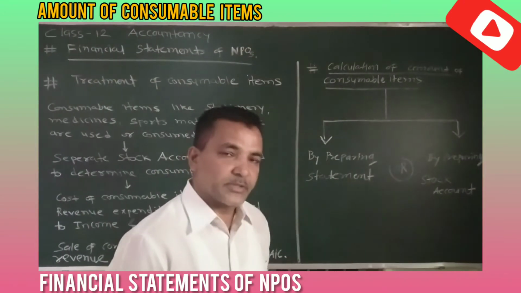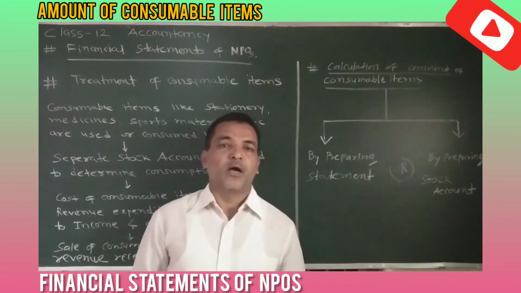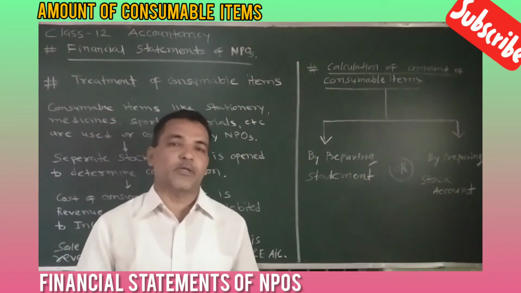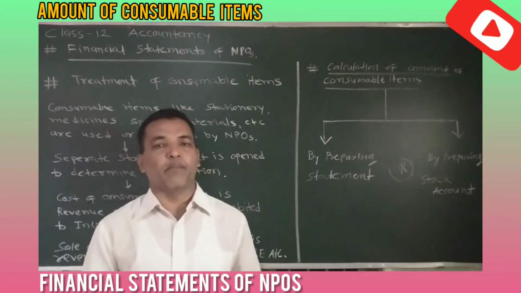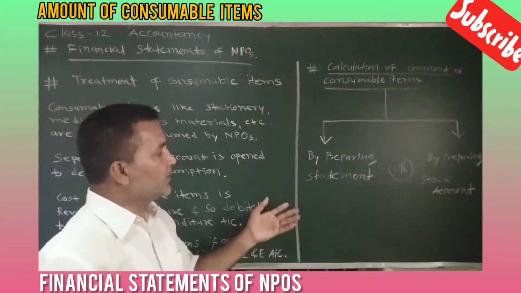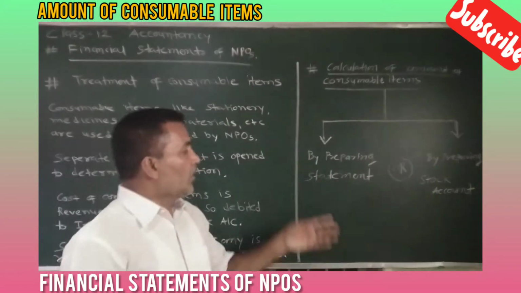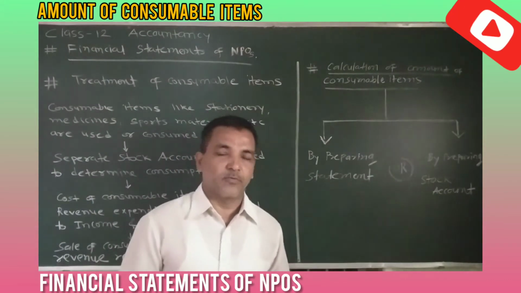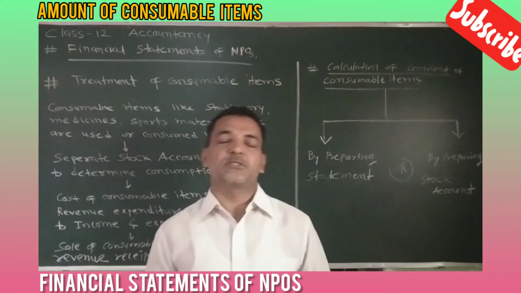Now the question is how to find the amount of consumable items, such as the amount of sports material consumed, stationery consumed, medicine consumed, etc. For that, you can find it in two ways. First is by preparing a statement. In the statement, you will write the opening stock of that consumable item.